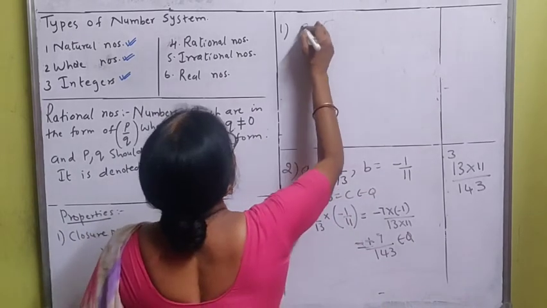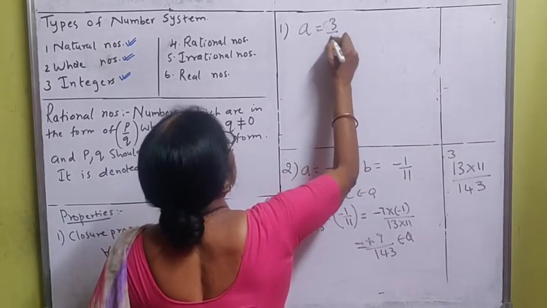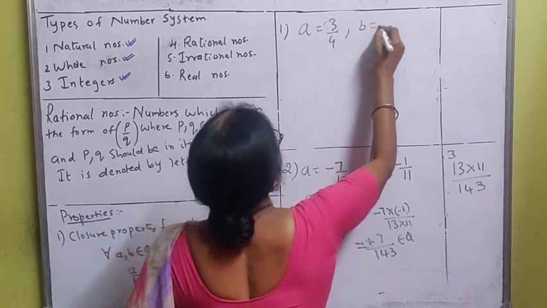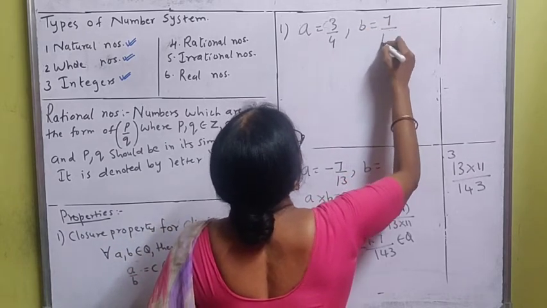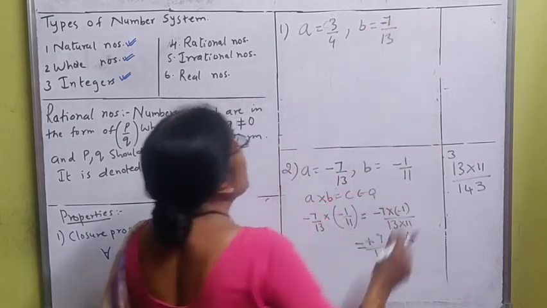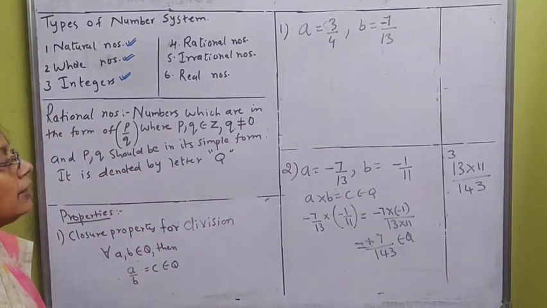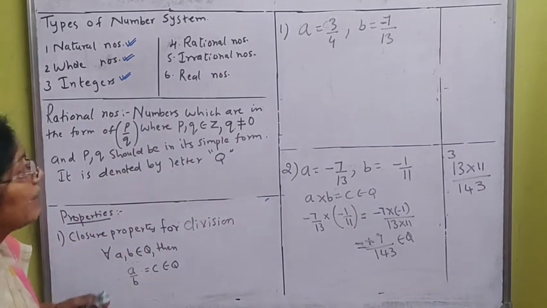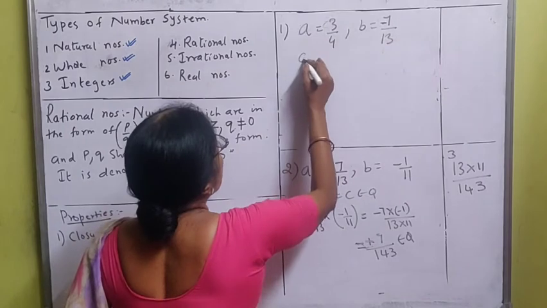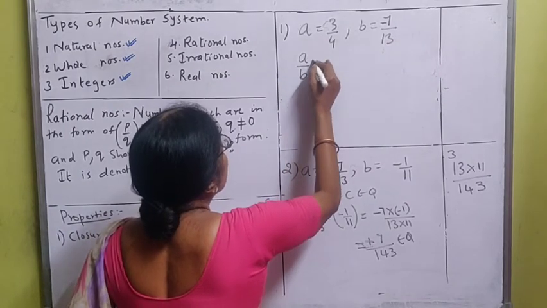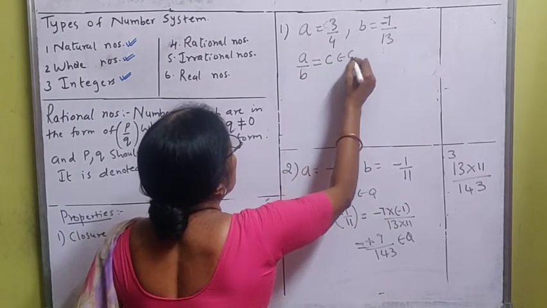First example: A is equal to 3 by 4, B is equal to minus 7 by 13. What do I have to do now? A by B is equal to C belongs to Q.